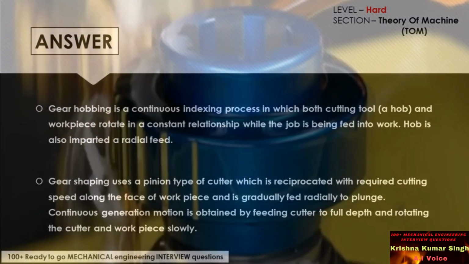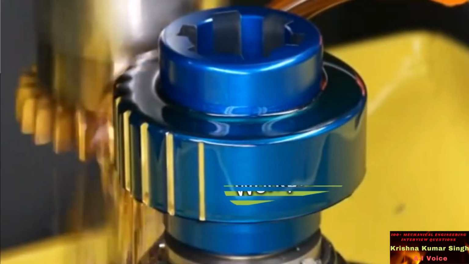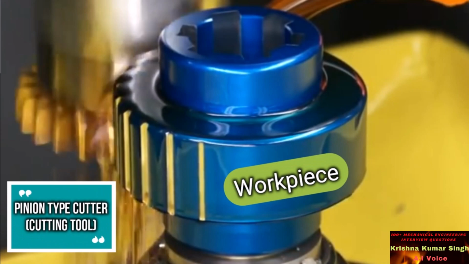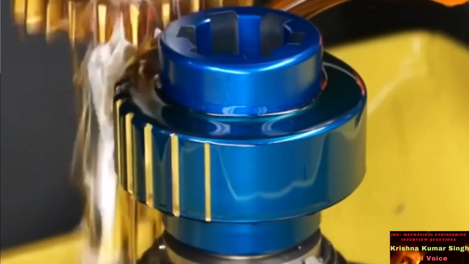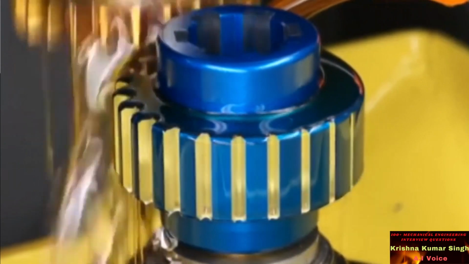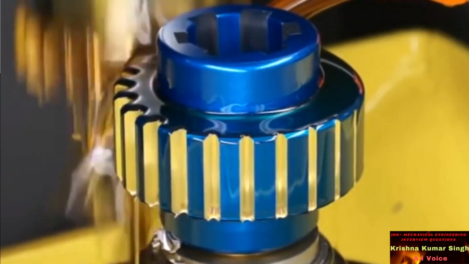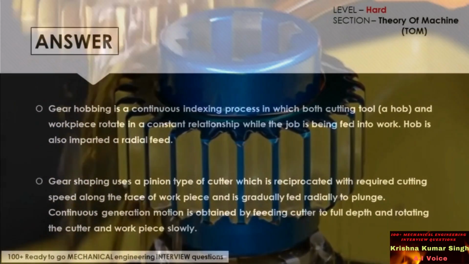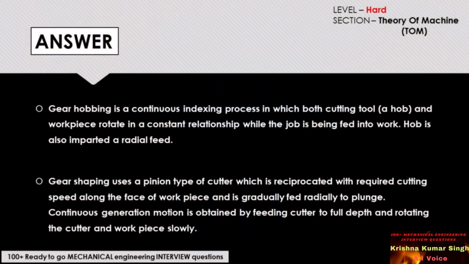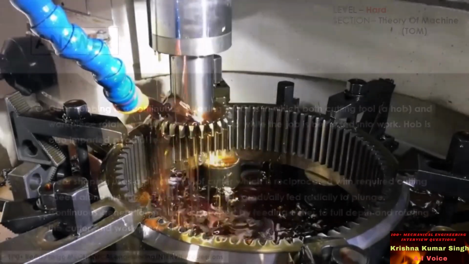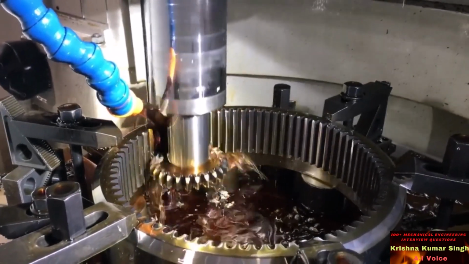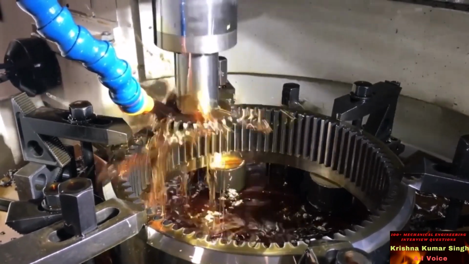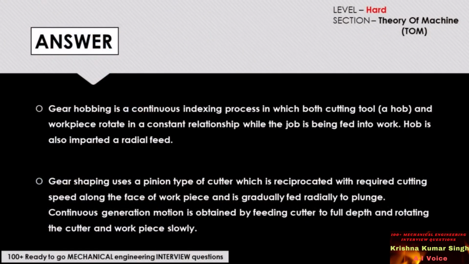Gear shaping, on the other hand, uses a pinion type of cutter, which is reciprocated with required cutting speed along the face of workpiece and is gradually fed radially to plunge. Continuous generation motion is obtained by feeding cutter to full depth and rotating the cutter and workpiece slowly.